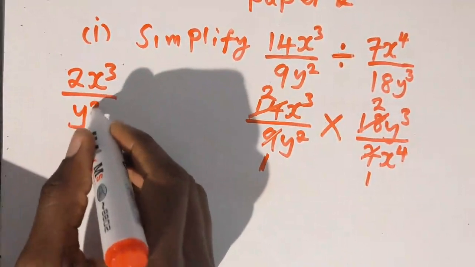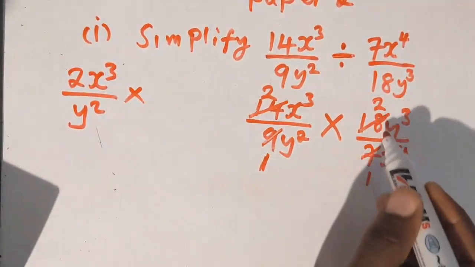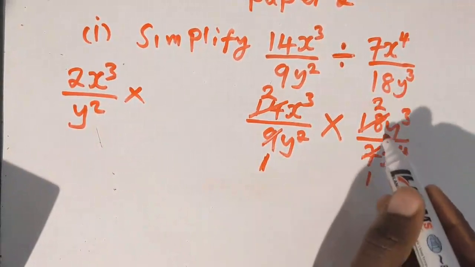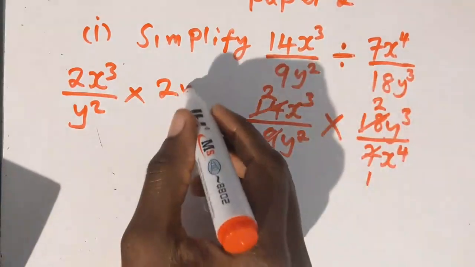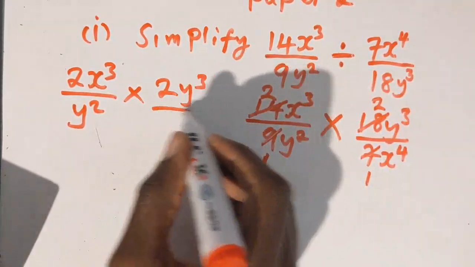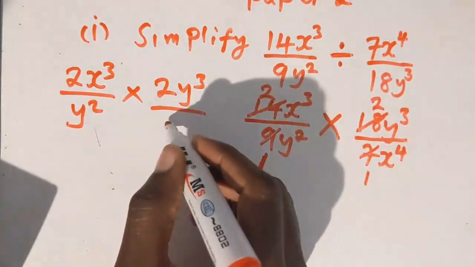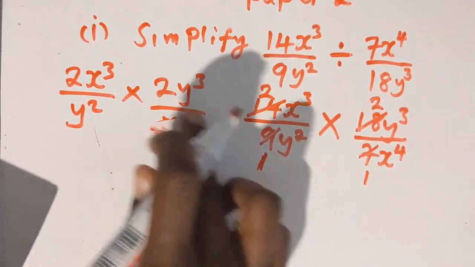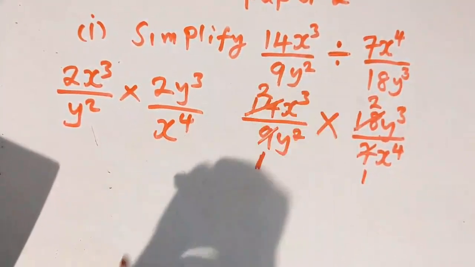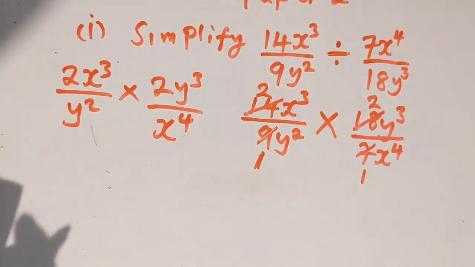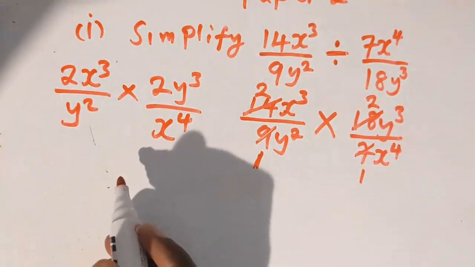Then there is multiplication. 2 has remained here, so we have 2y to the power 3, then over x to the power 4, like that. That is what you are supposed to do.